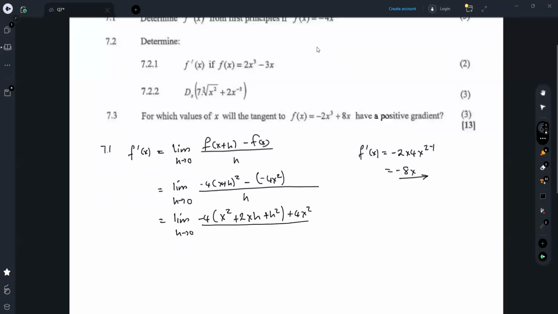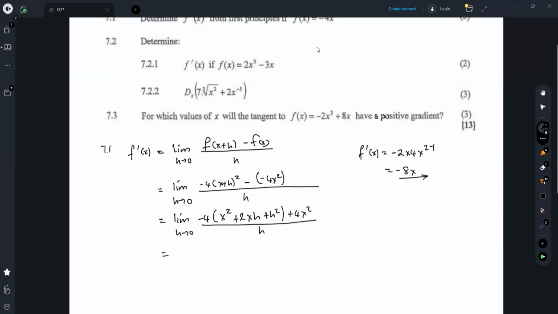So another tip here that I can give you is that anytime you are simplifying this, any term that does not have an h initially must disappear after simplifying, okay? So if those terms don't disappear, then you have to check the signs. You might have made a mistake with the signs.